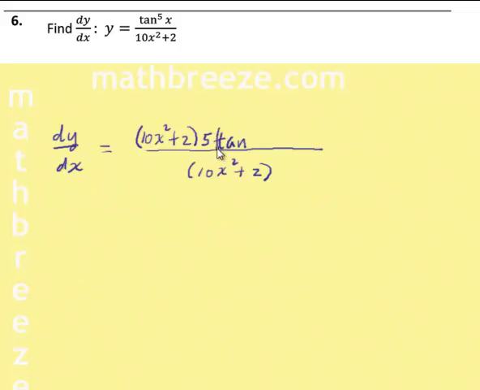And let's write 5, I'll use parentheses, 10x to the 4th. Multiply by the derivative of tangent x, again chain rule. And now continuing the quotient rule, we have derivative of the denominator, which is 20x, times the numerator.